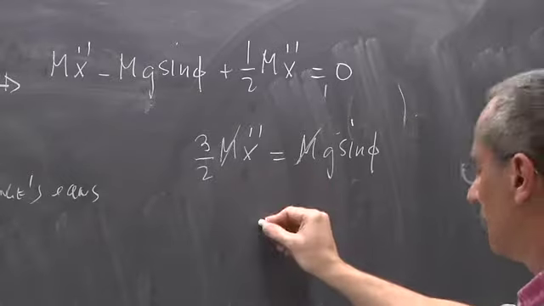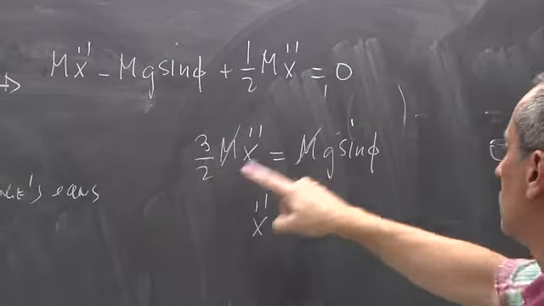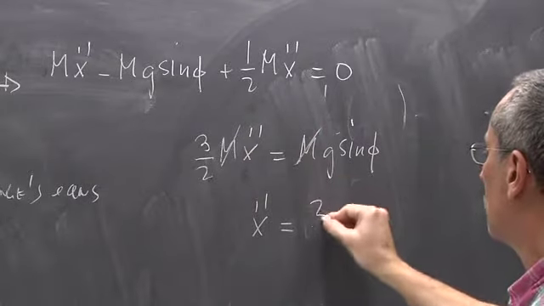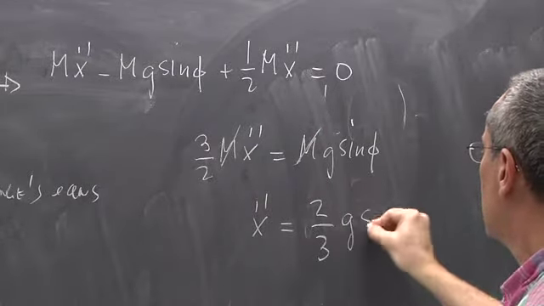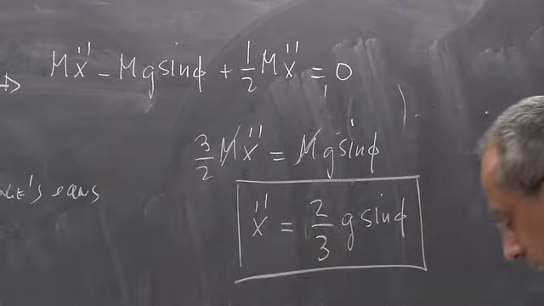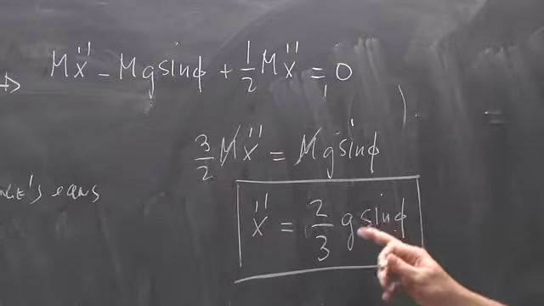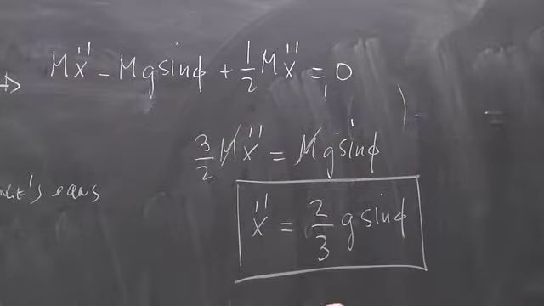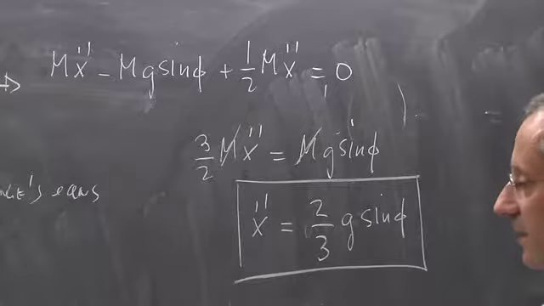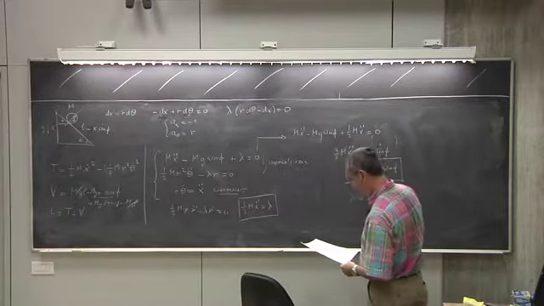Well, okay, I can solve this. So the acceleration is given by what? 2/3 g sine phi. And actually now I can put it back there. I get that lambda is, I take x dot dot from here.